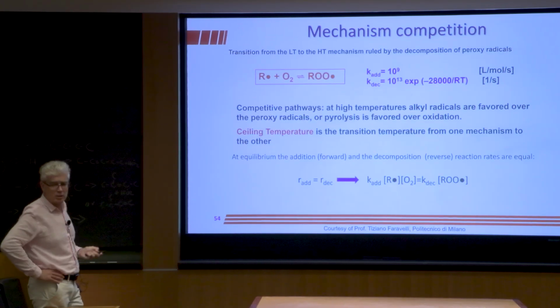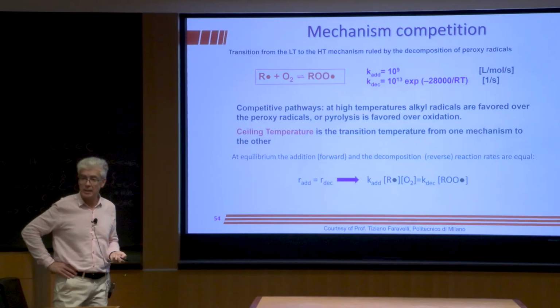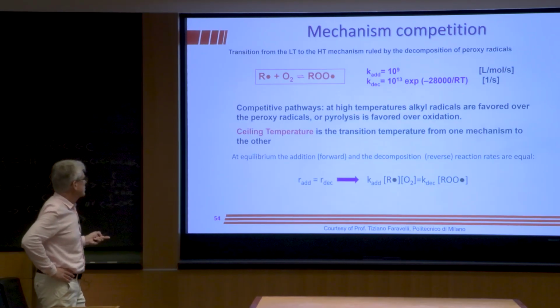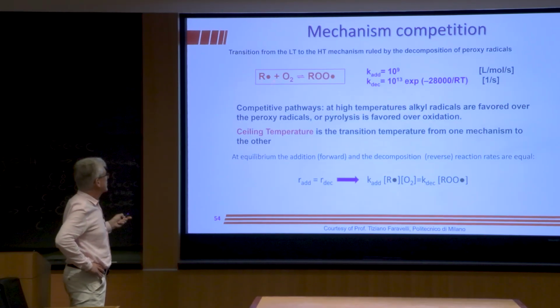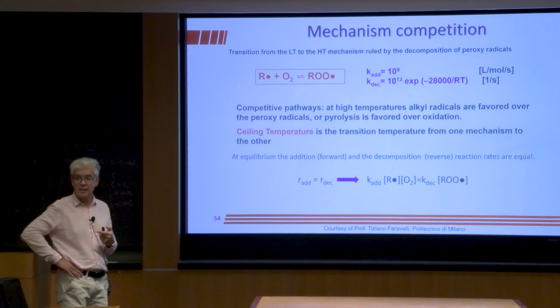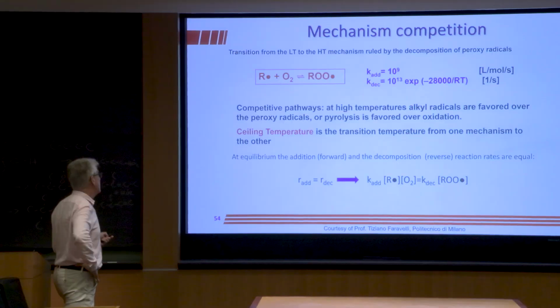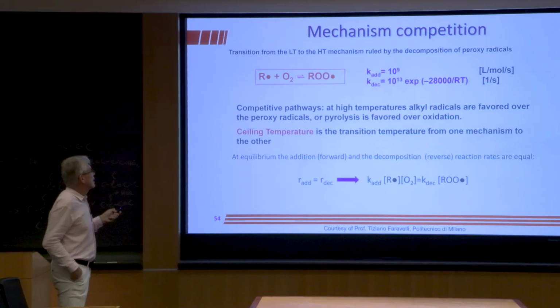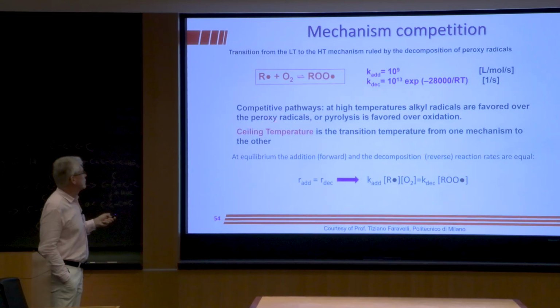So in the reverse direction, there is an activation energy for the decomposition. So there's competitive pathways. So R can add to O2 to give RO2, or RO2 can react back. And at high temperatures, alkyl radicals are favored over peroxy radicals.